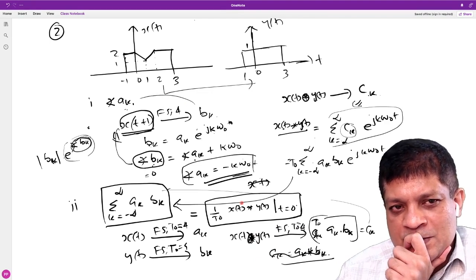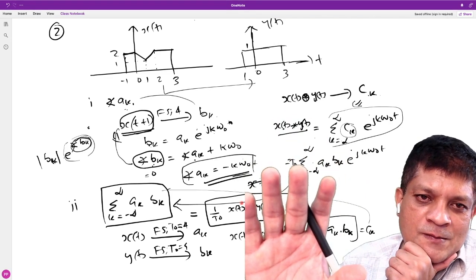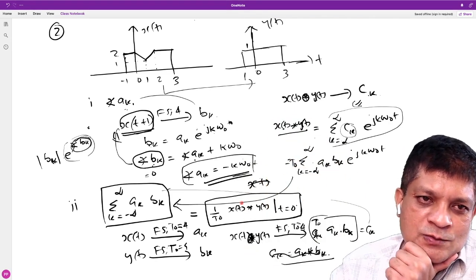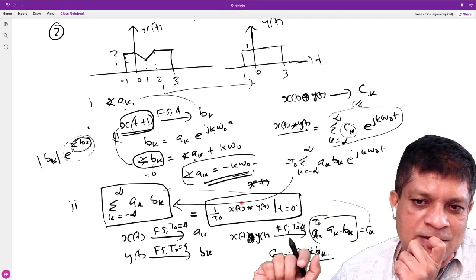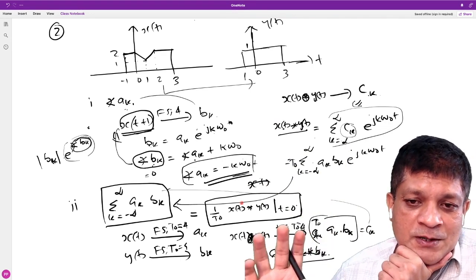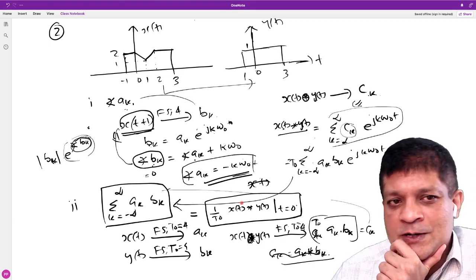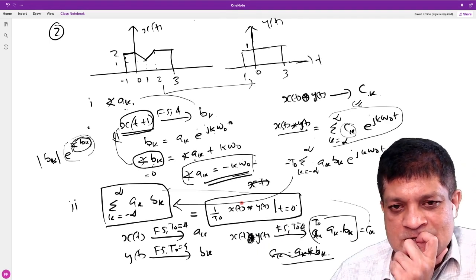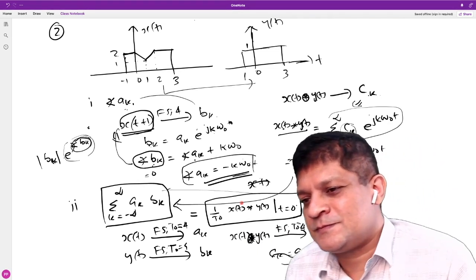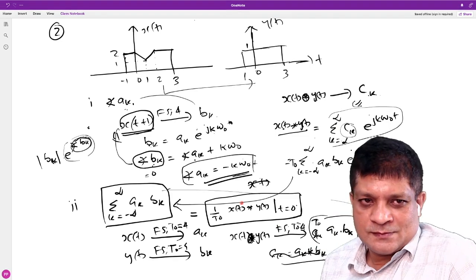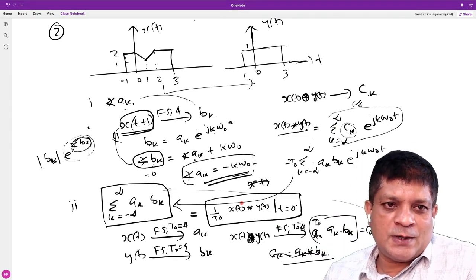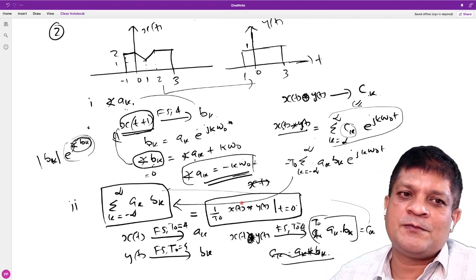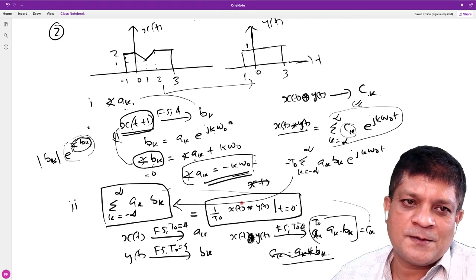What is that periodic convolution? You have to flip the signal, multiply those two, and find the area over one period. Tell me, what is the answer? The overlap will be from -1 to 1, isn't it?